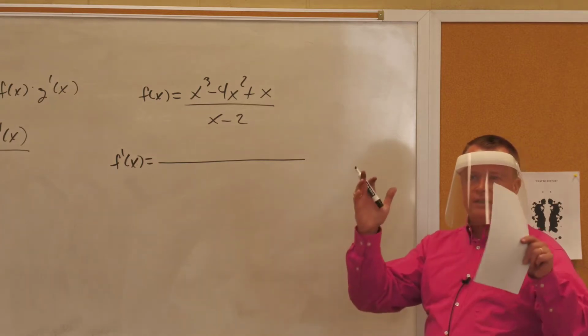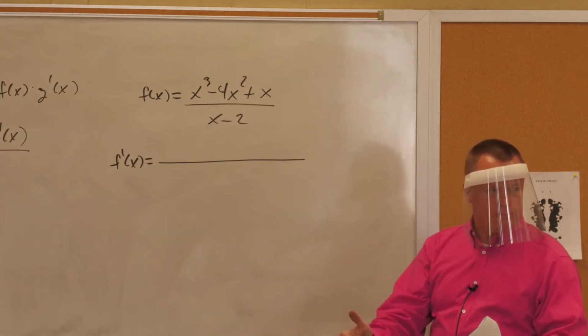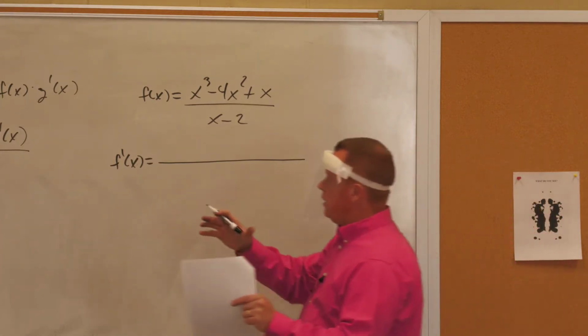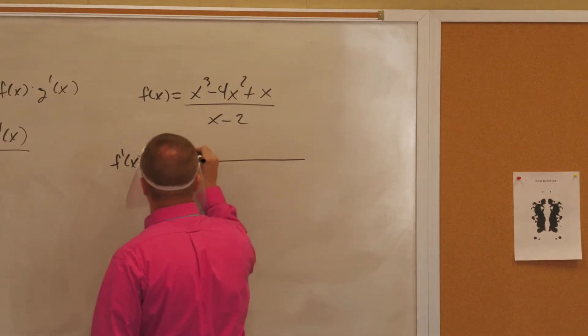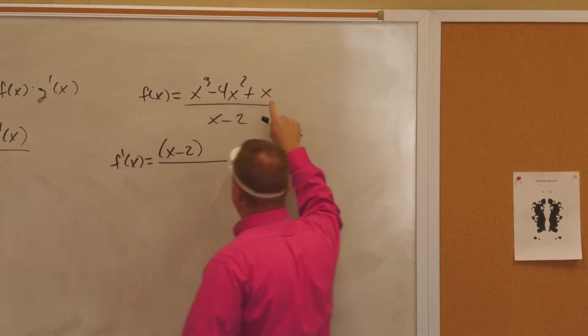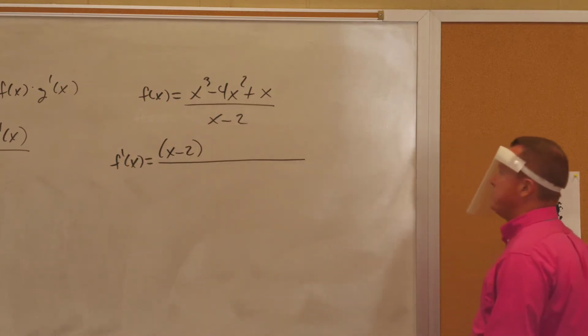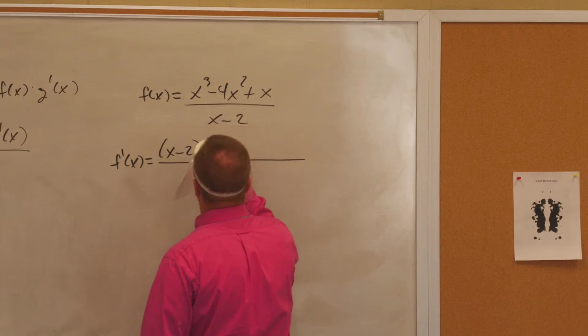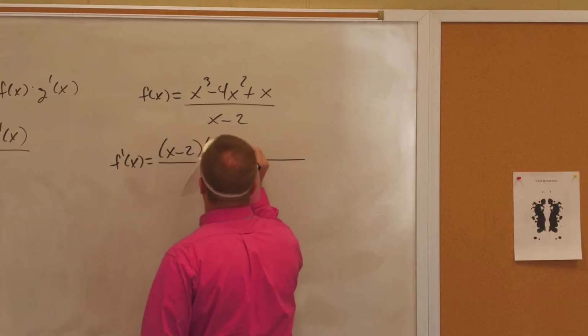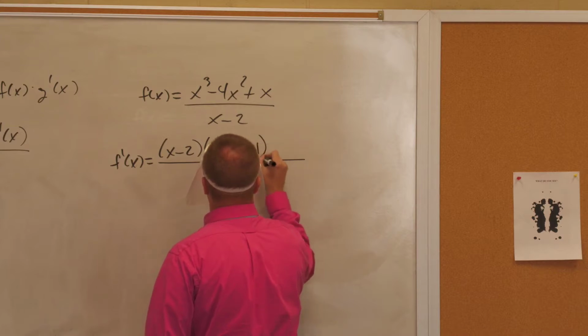We start with the bottom. So x minus 2, the bottom, times the derivative of the top. The derivative of x cubed minus 4x squared plus x would be 3x squared minus 8x plus 1.